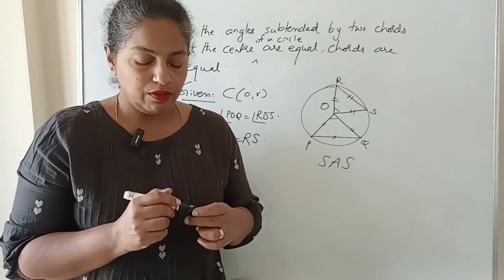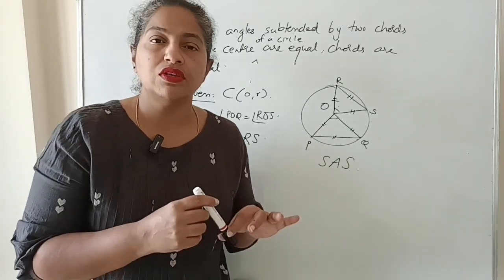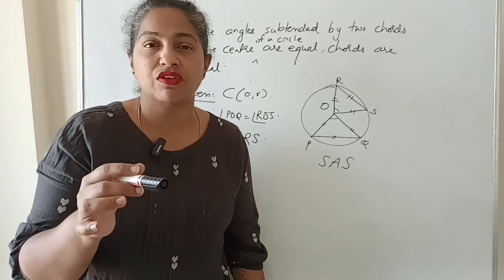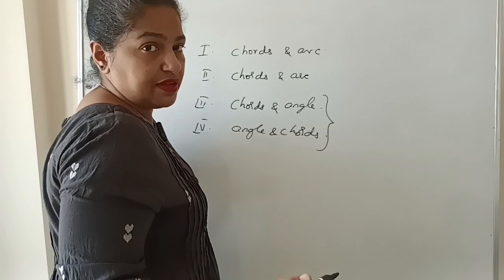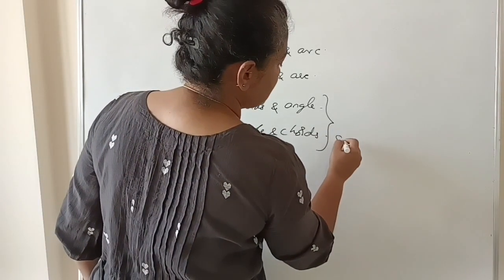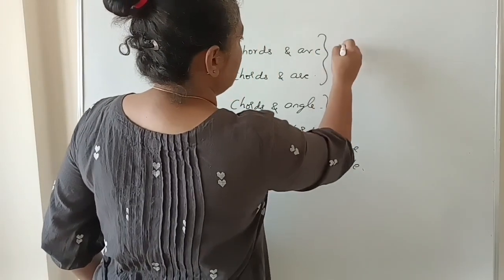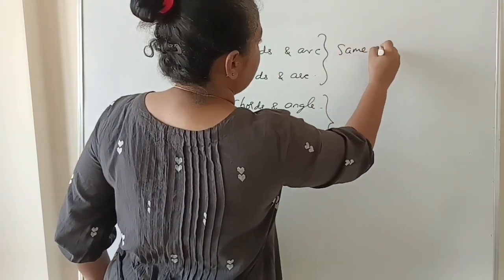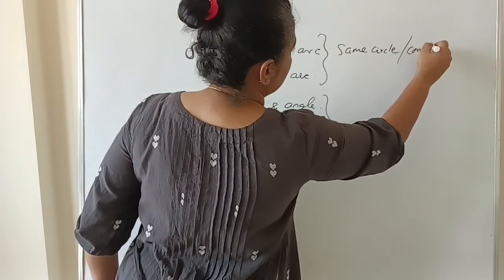Before moving on to the next theorem, I want you to have a look at all the four theorems and understand each one of them clearly. These two theorems I have taken from the NCERT textbook, and they dealt with the same circle. Here, we had dealt with both options, the same circle and congruent circles.